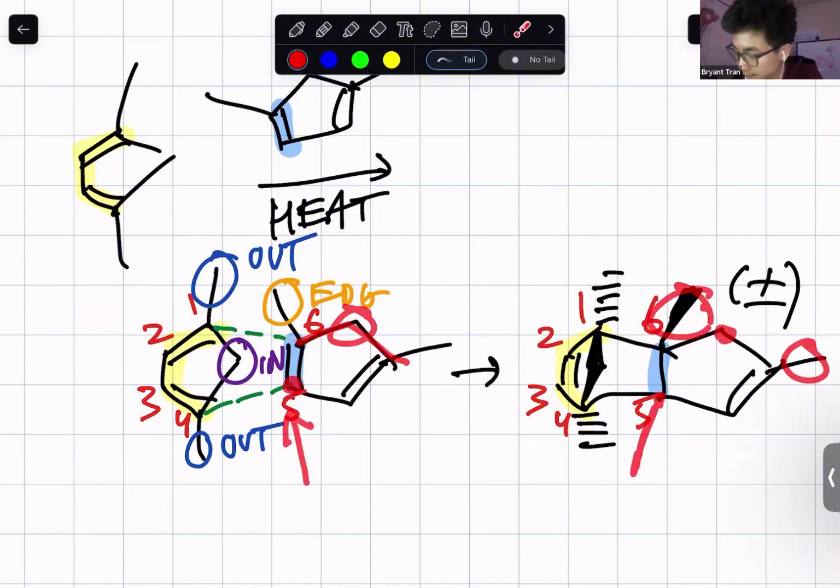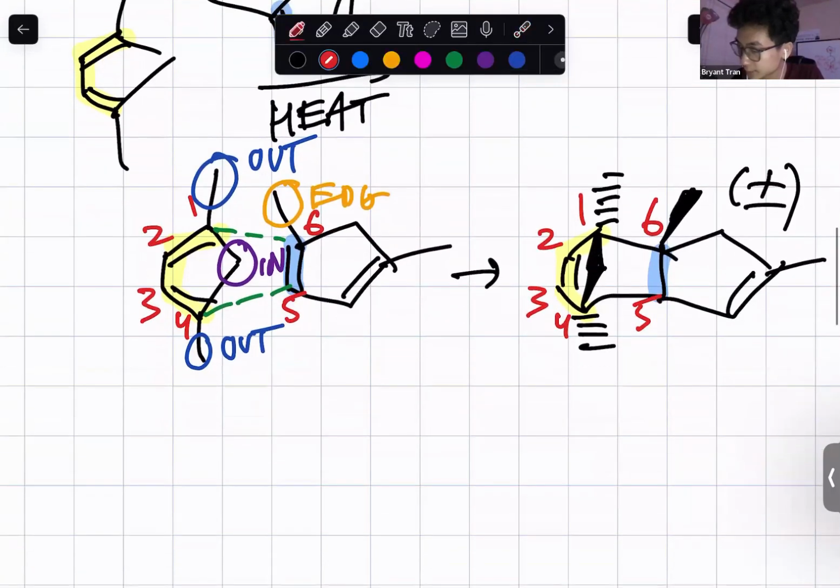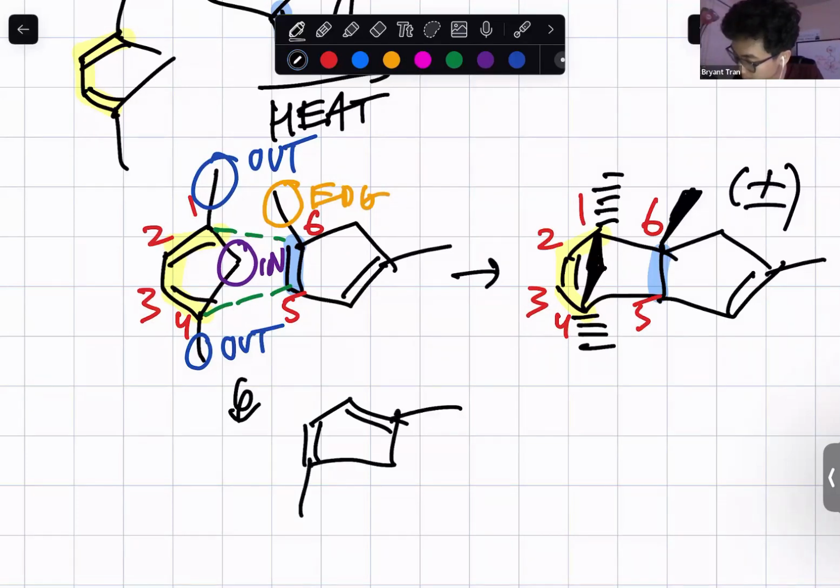If we put the methyl group here instead, right, then this would be a CH in between them instead. But what you can do is flip this dienophile upside down, like this, to get this product here.